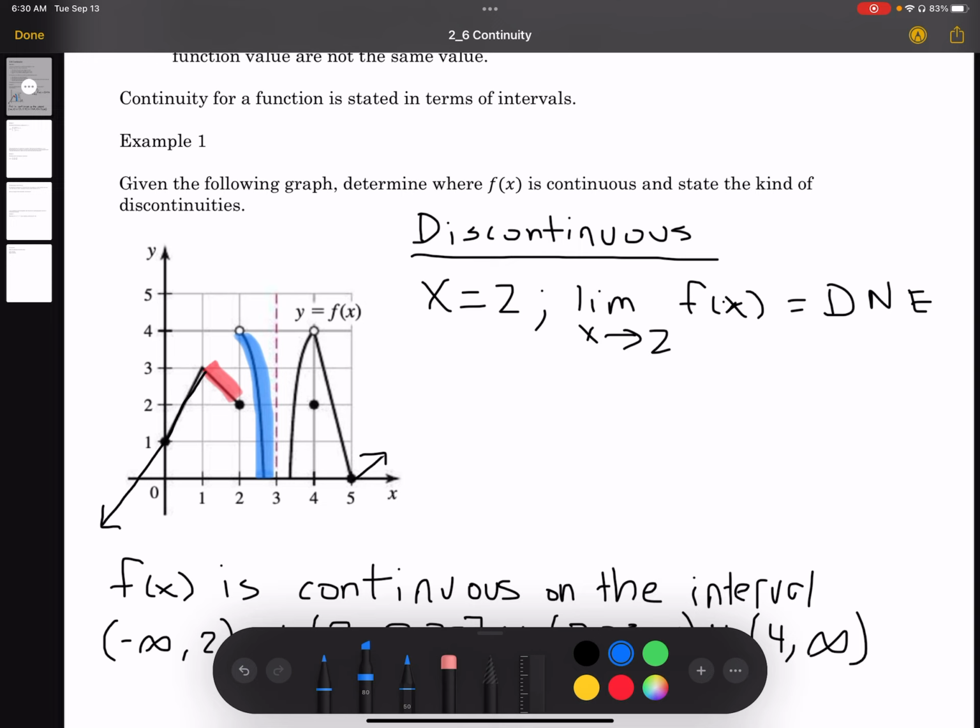So that first criteria for continuity is violated, and so our function is not continuous here. Generally, when the limit doesn't exist at a point, this is going to be called a jump discontinuity.